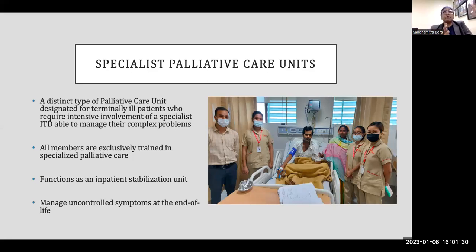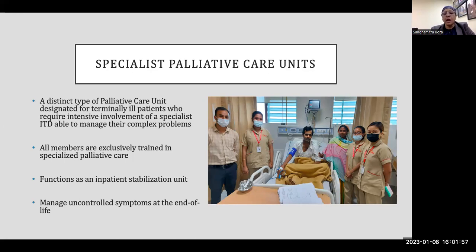The main thing to be remembered here is it functions generally as an inpatient stabilization unit. Okay, the patient might come with a major problem, which is definitely taken care of by the specialist of the palliative care unit.